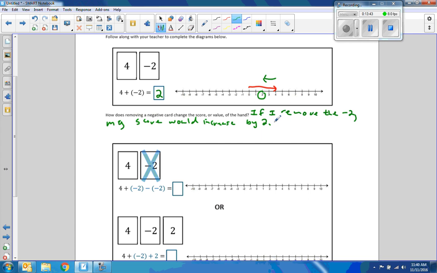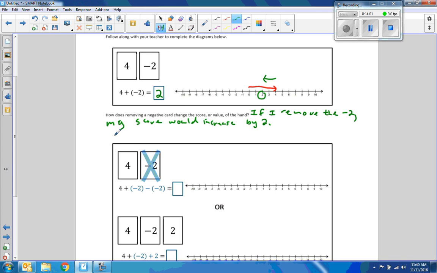Because I still have a 4 in my hand here. I'm not going to write that though. If I remove the negative 2, my score would increase by 2. So if I remove this green arrow, my score is now going to go from 2 back to my original vector length, which is 4. Okay?